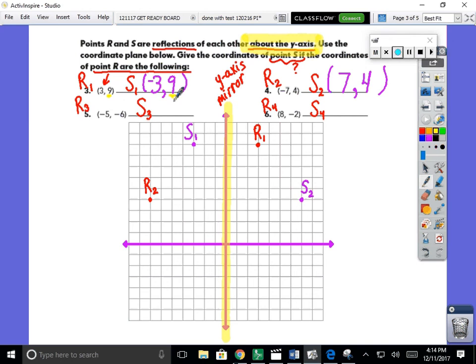So the thing that was different was really the first digit. That's interesting. And how was it different? Well, the first one was a positive, the second one was a negative. Interesting. Let's look at number 4. Do you see anything that looks the same? Anything that repeats? Oh, they both have a 4 in the second position, or for their y term.